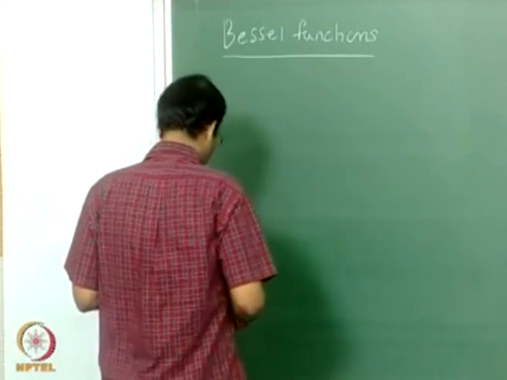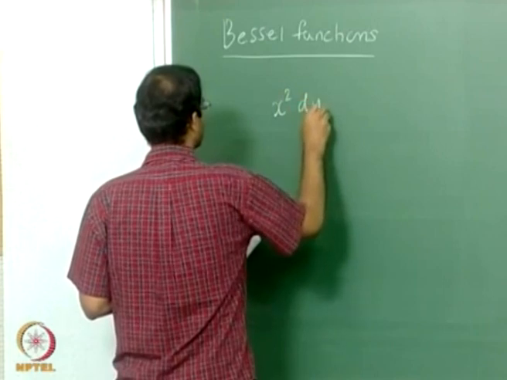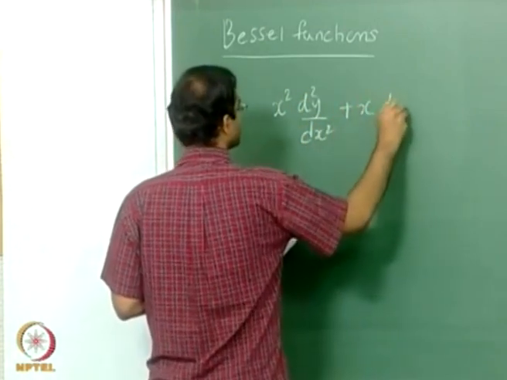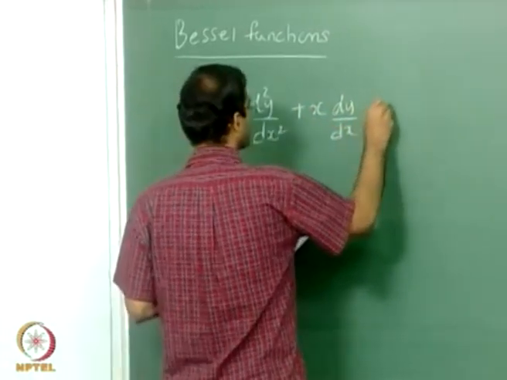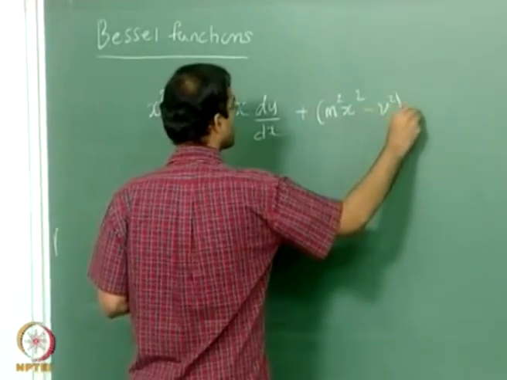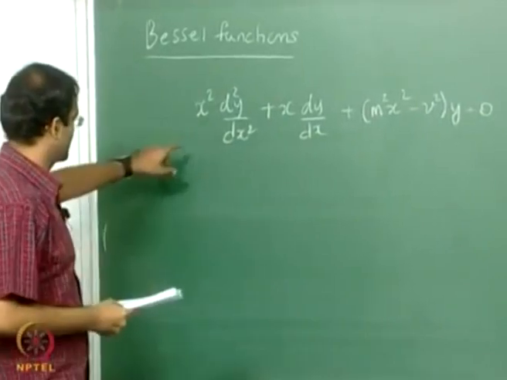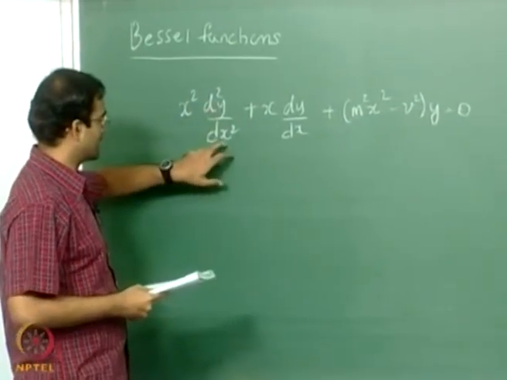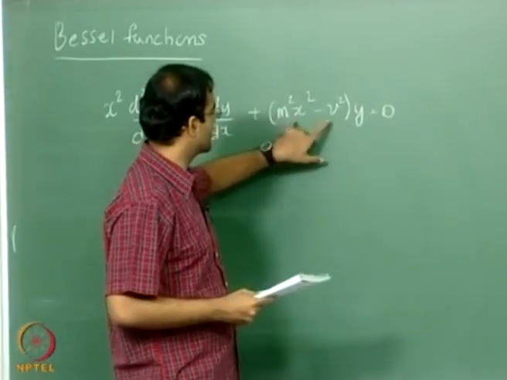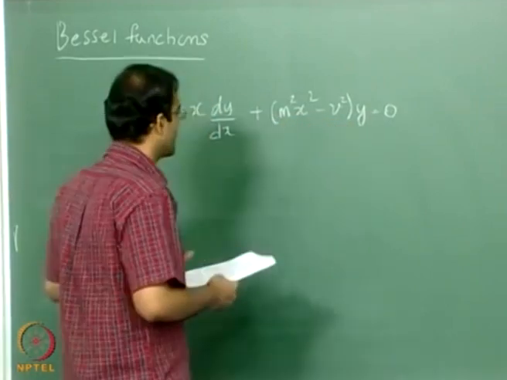Now if you have any second order linear differential equation of this particular form, the form that I have written here: x square d square y by dx square plus x dy by dx plus this coefficient, which is a function of x, times y equal to 0.